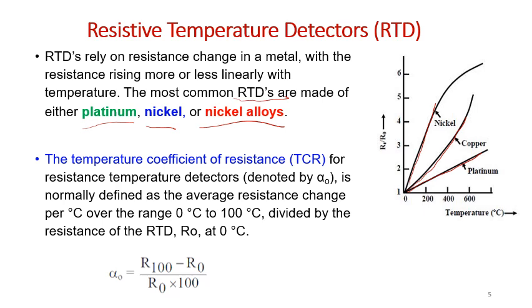Let us now go to the coefficient, temperature coefficient resistance, TCR. TCR is to be calculated as R100 minus R0 over R0 times 100, where R100 is the resistance at the temperature of 100 degrees Celsius, and R0 is the resistance at 0 degrees Celsius.